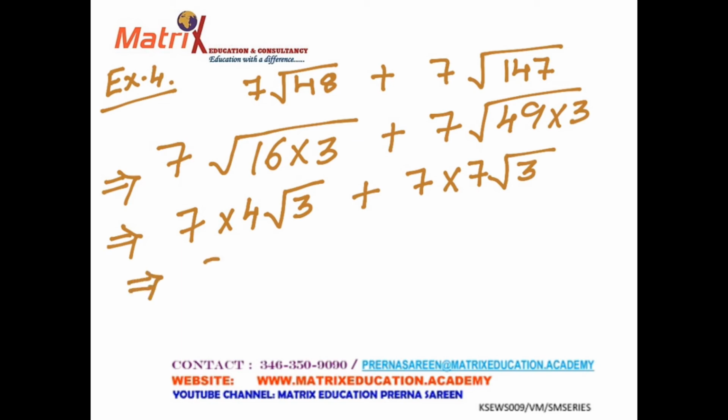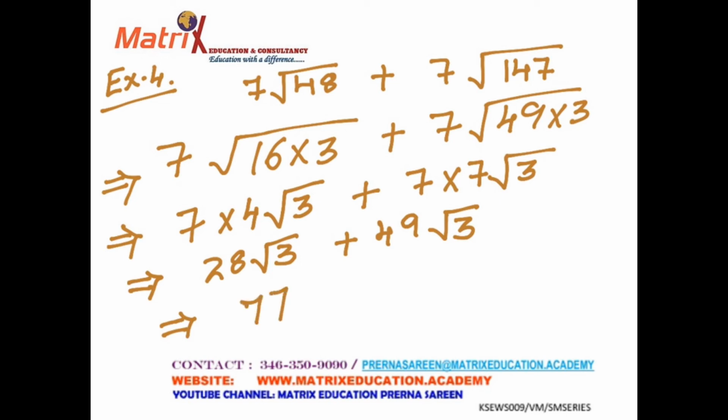So what do I do? 28 root 3 plus 49 root 3. Now I can add 28 plus 49, which gives me 77. 77 root 3, and that is my final answer.